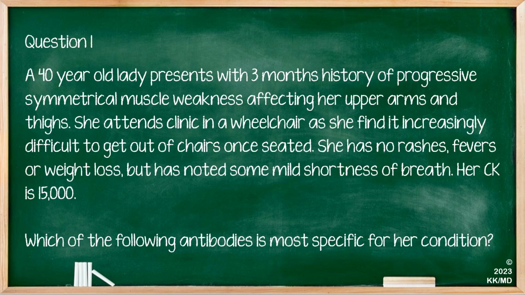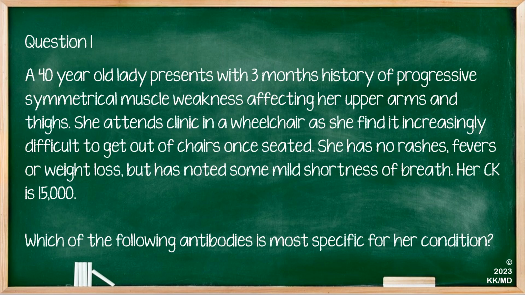So right off the bat, you need to be very comfortable with this clinical vignette because it's quite classically describing a case of somebody who could have a diagnosis of myositis. Importantly, they're telling you that she has a very elevated CK that you would not be getting in a case of polymyalgia rheumatica.